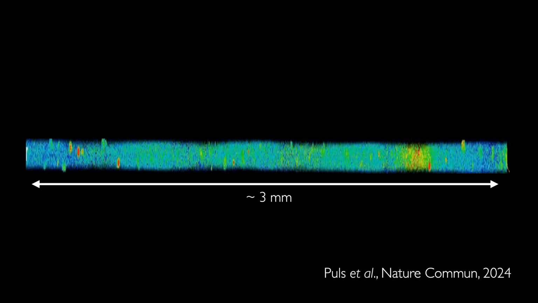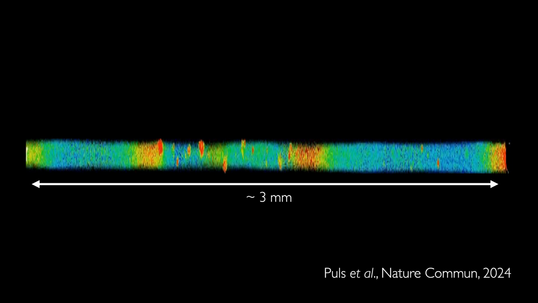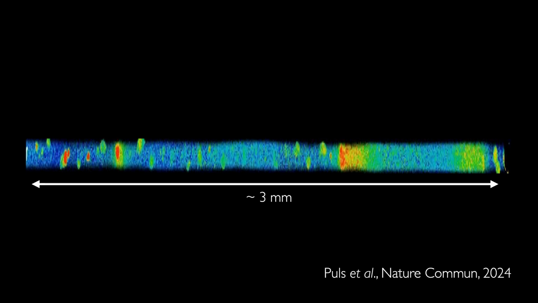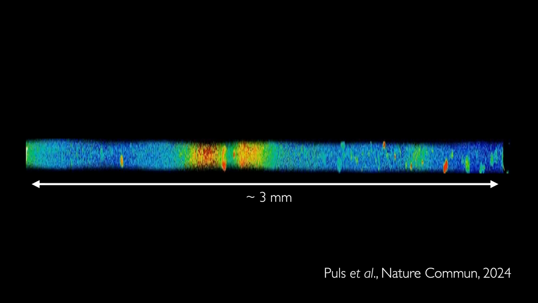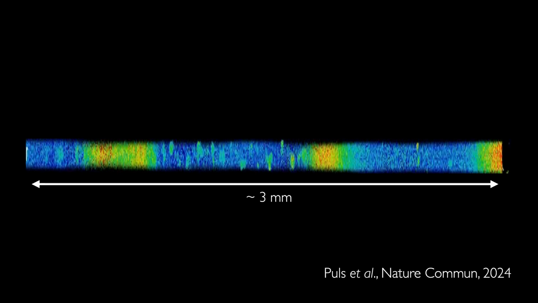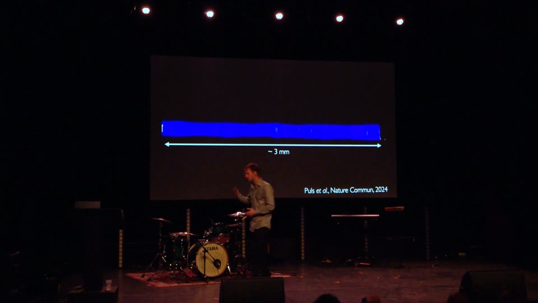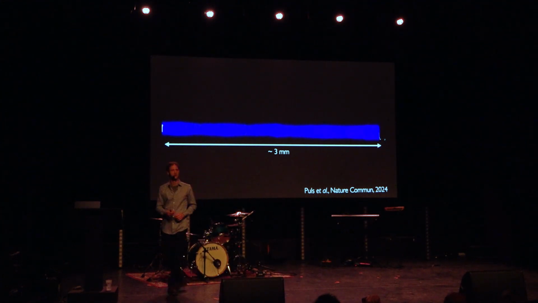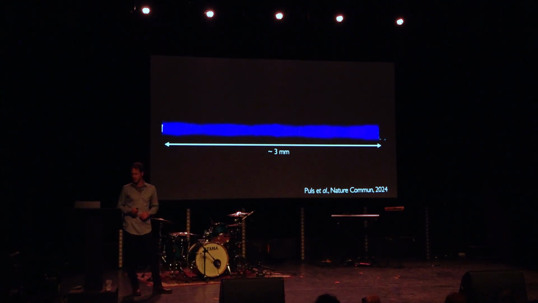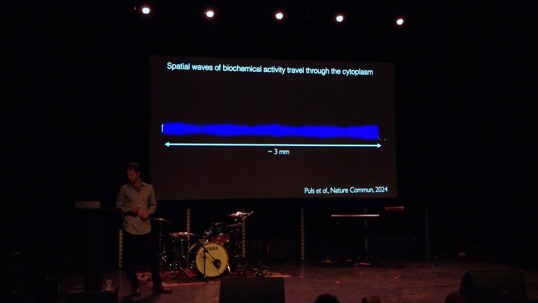So it tells us that, indeed, these waves help to propagate the information over these very large distances. And this is not just an artificial system or an artifact of the fact that we're using these extracts. Actually, you can see the same waves inside a real embryo just before it divides. So we're trying to uncover some of the physics that helps coordinate these early cell divisions.